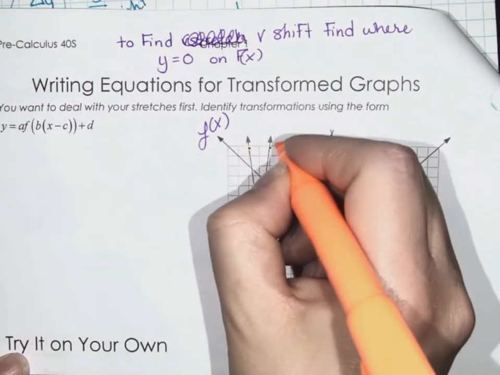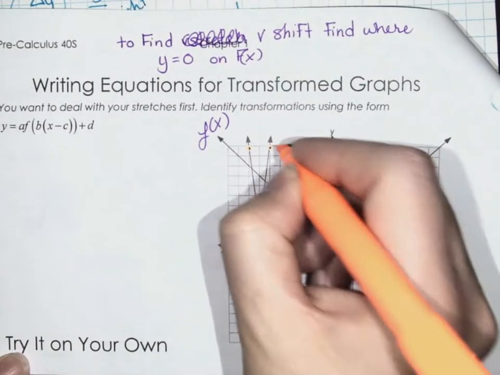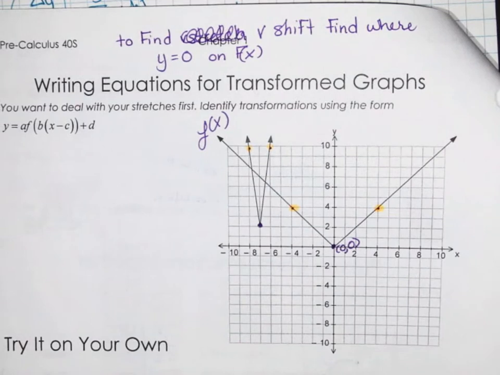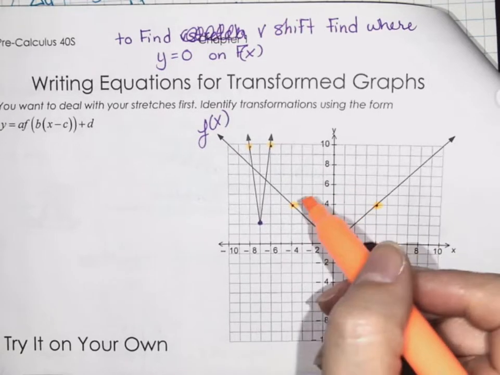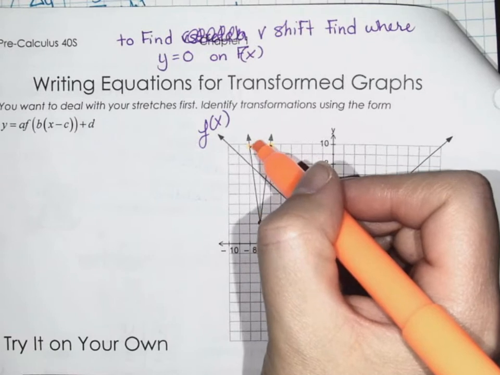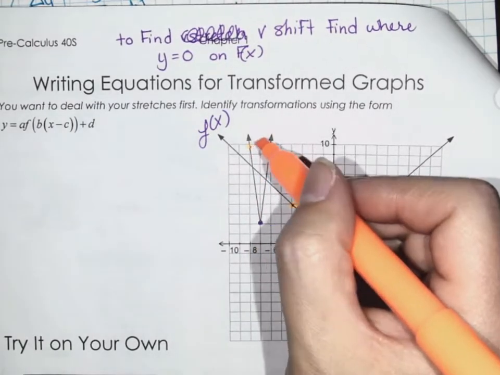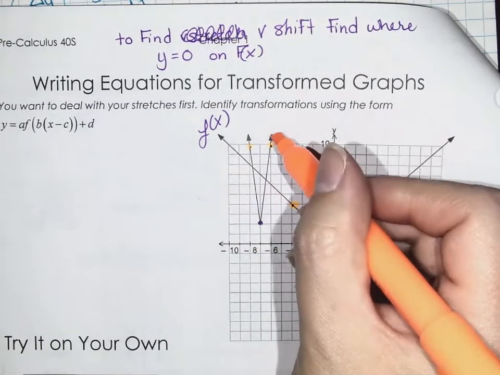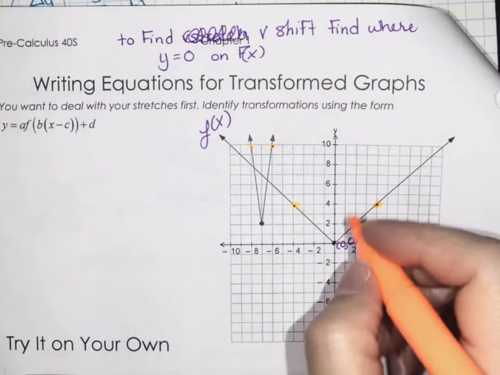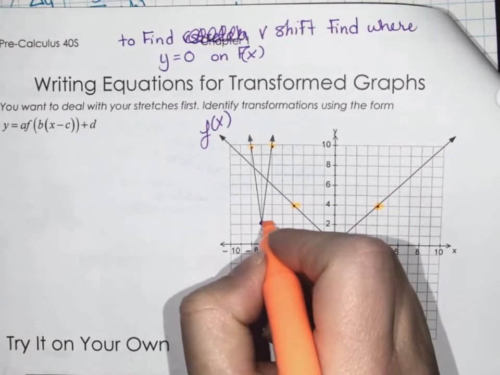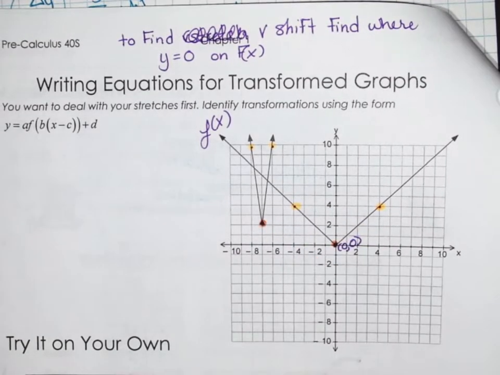They match with these points. So on a graph, if you have points that are definitely labeled, they match each other. So this point transforms to that point, and this point transforms to that point. Make sense? Sorta, kinda? Just like this point transforms to that point.